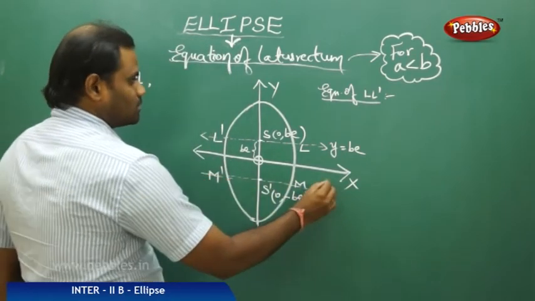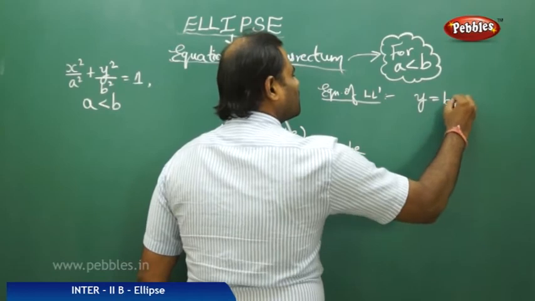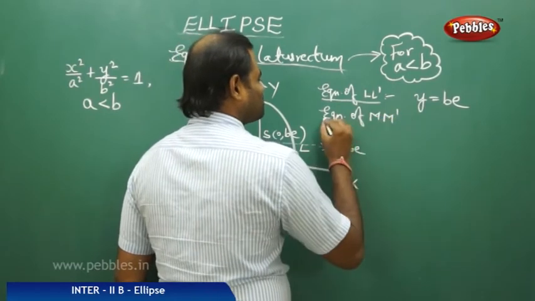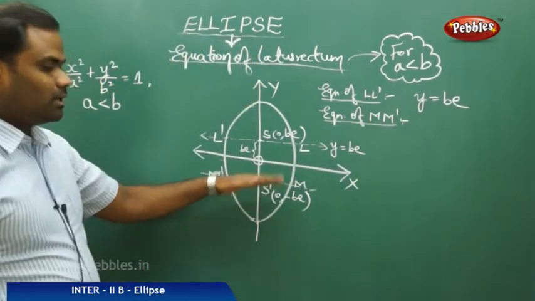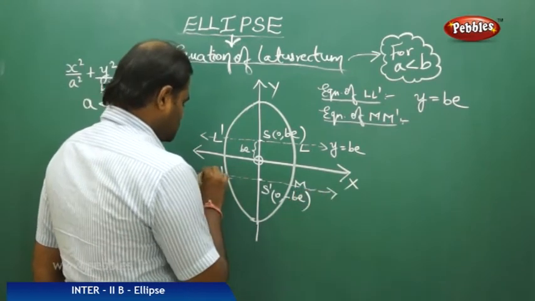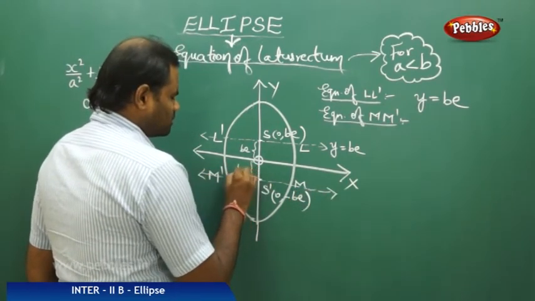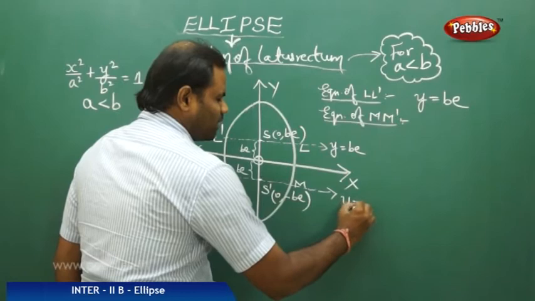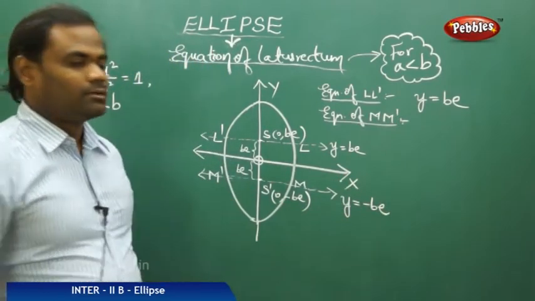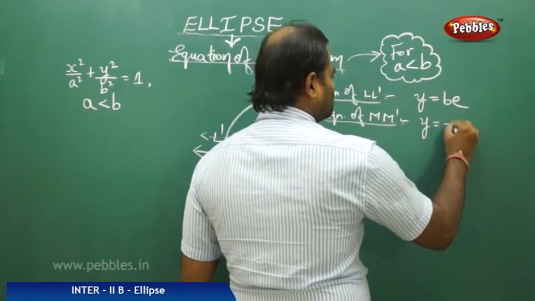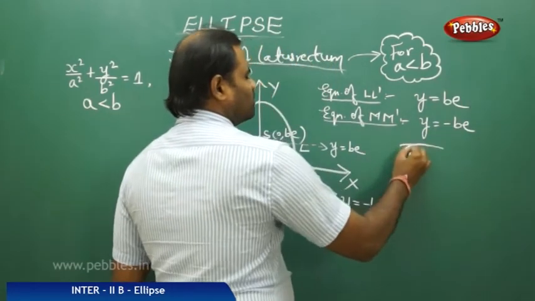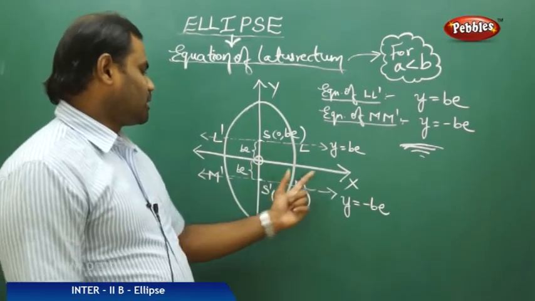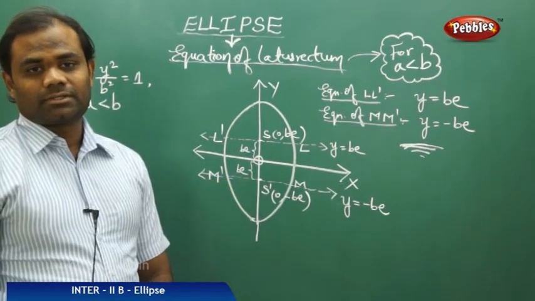And with equation of MM dash, which is a line parallel to x-axis but below origin with the distance being be, will be on the negative side of y-axis, and hence I have this to be y equals minus be. So equation of MM dash is y equals minus be is how we identify the equations of lateral recta LL dash and MM dash in this case.